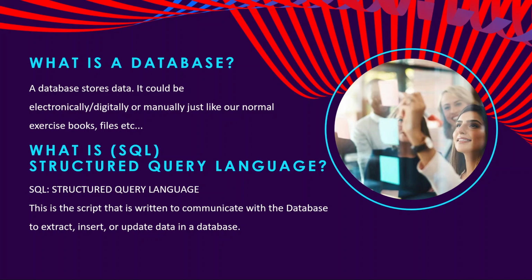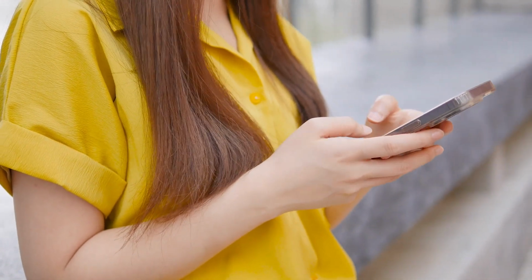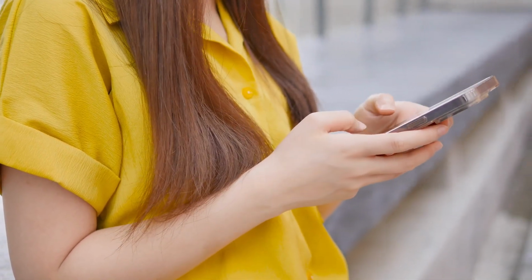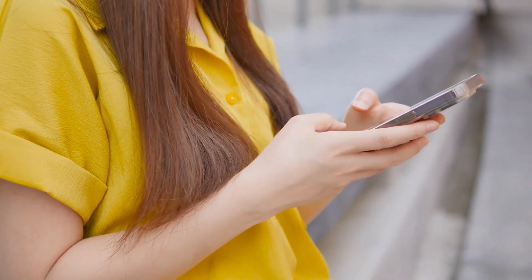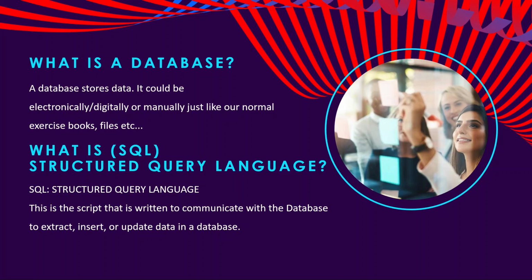When you want to get someone's contact, you ask for their phone number, right? So when you collect that phone number from that person and you store it on your phone, you are actually storing data in a database. Okay, so one way or the other, you are relating with a database on daily basis, right?